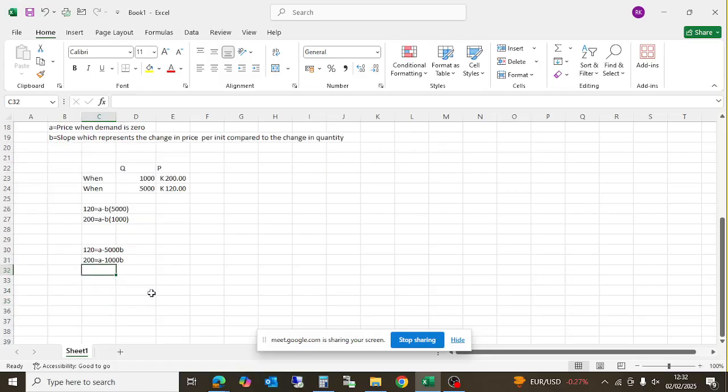Remember when I said we bring in some aspect of math? This is it. What I like doing is the substitution method.